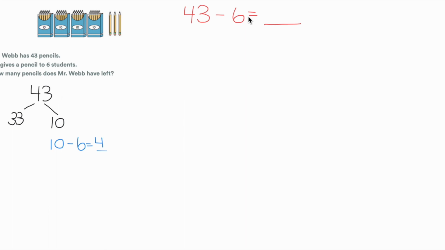Now I just need to add that back in. Okay, so now I have to do 33 because we still have that 33, right? Like we didn't do anything with it. We didn't subtract it, right? We subtracted from the 10. So we have 33, and then we're going to add in the 4 we have remaining.